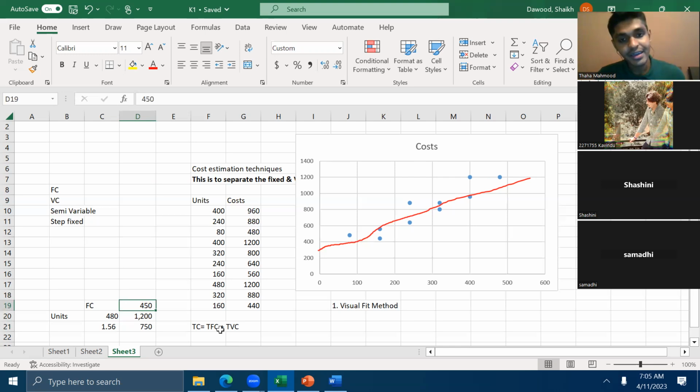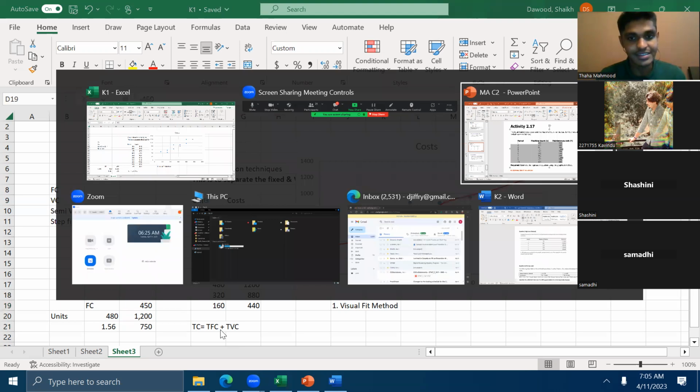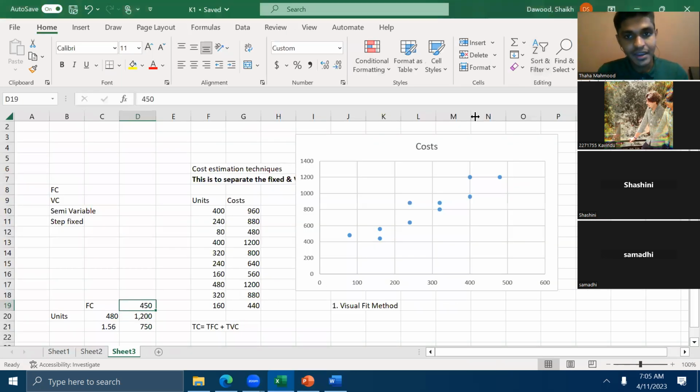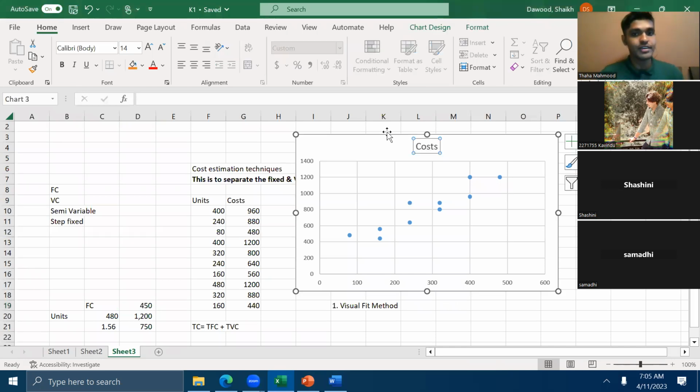Our syllabus teaches us to use this method. Even in this question, the requirement is to estimate the regression equation using the graphical method, because with a scatter graph they are expecting us to find the equation based on our own judgment. The more accurate method would be linear regression analysis.